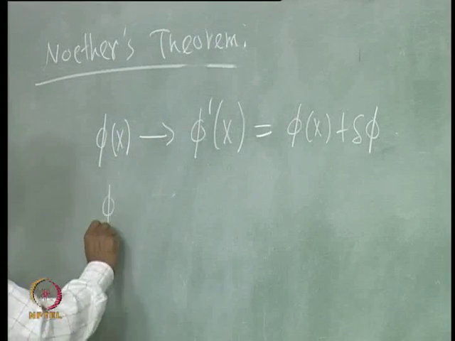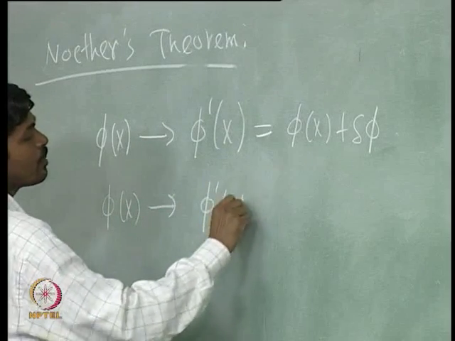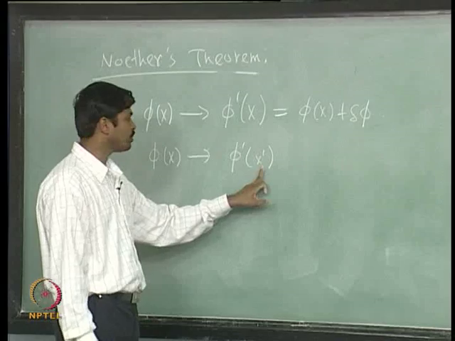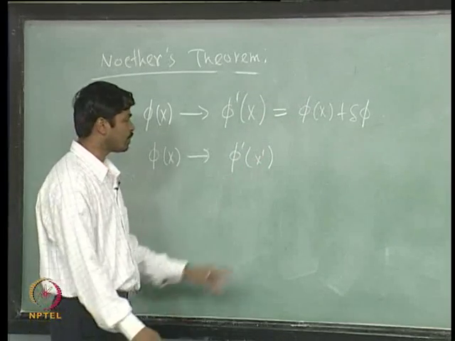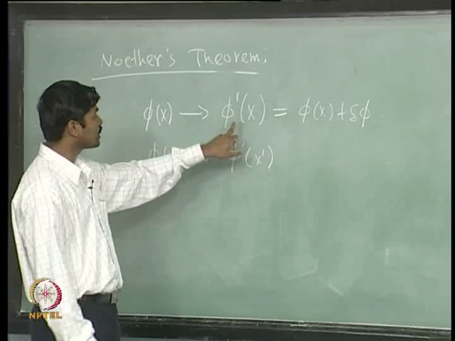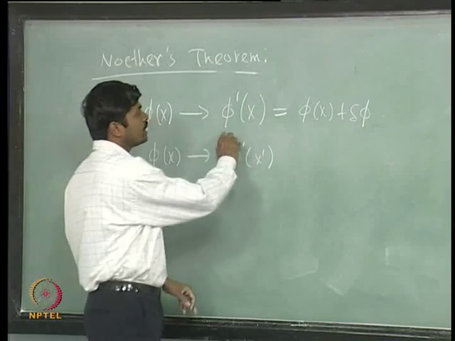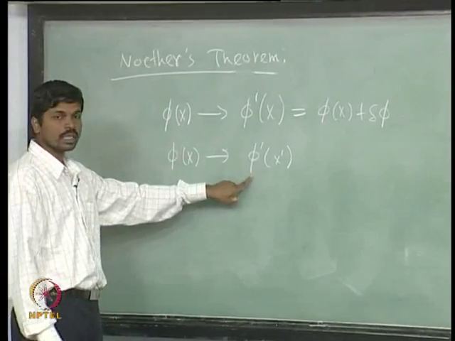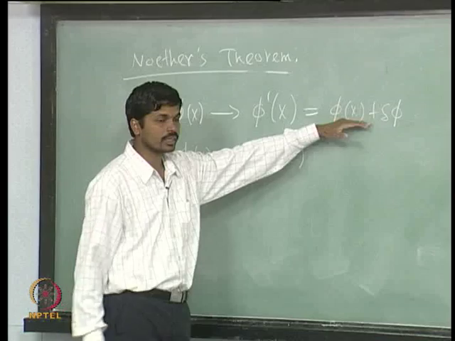More generally, the field phi of x will transform to some phi prime of x prime, where both the field as well as the arguments change under this transformation. So, this will be a combination of some internal symmetry transformation as well as the Poincare transformation. We will first consider this simpler case and see how we get conservation laws under such a transformation, then we will discuss the second possibility, which is much more general than this one. So, let us consider the variation here.